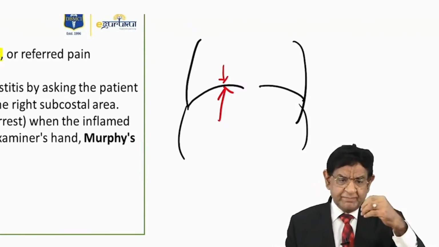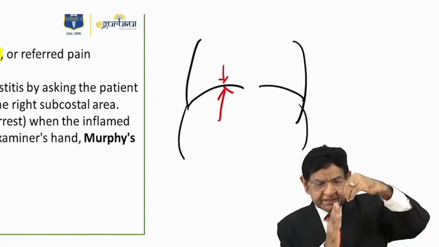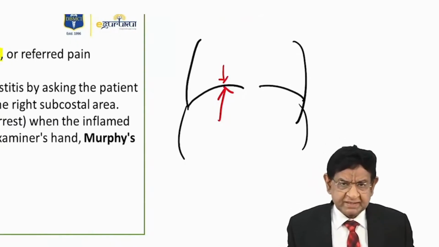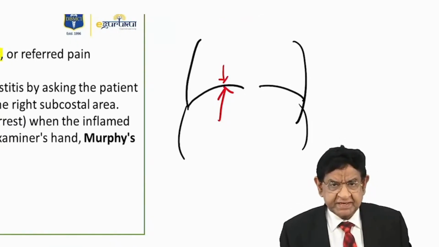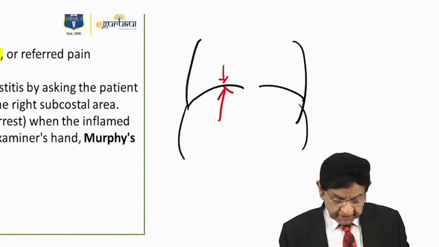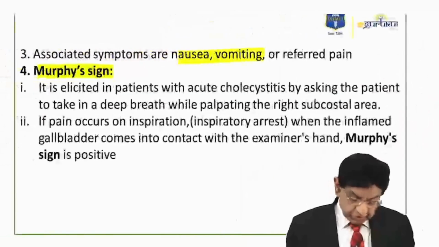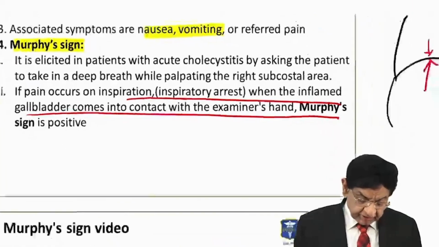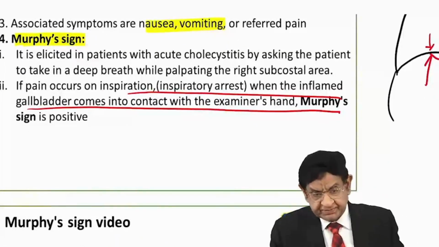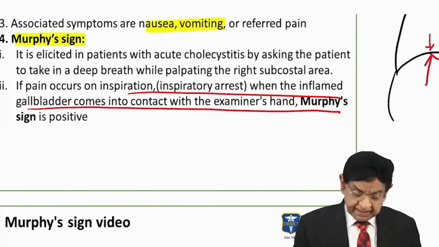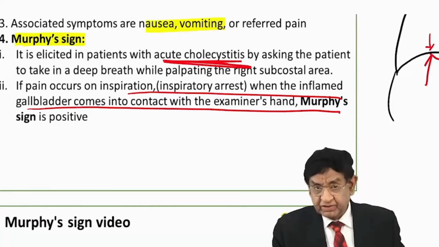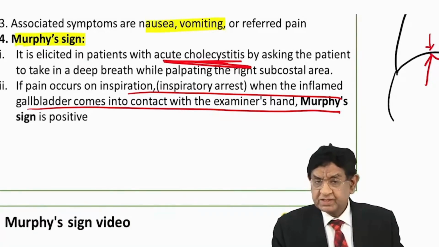When the inflamed gallbladder comes and touches the hand, suddenly the patient will jump with pain. There is an inspiratory arrest, the so-called Murphy's sign. There is inspiratory arrest when the inflamed gallbladder comes in contact with the examiner's hand. We call it Murphy's sign positive. It is a sign of acute cholecystitis, which is often there with gallstone.